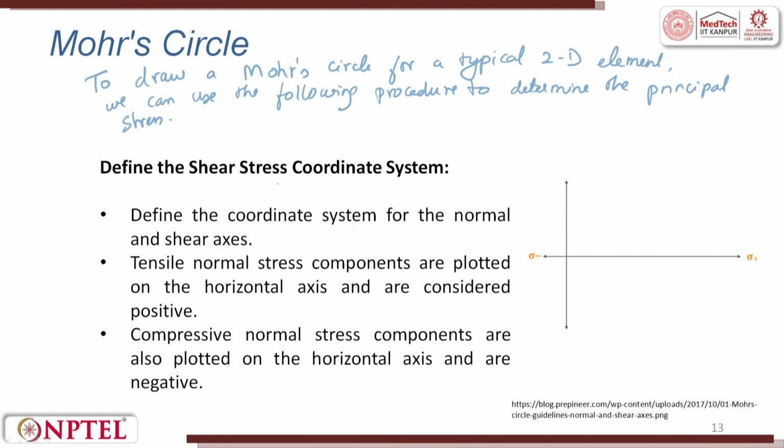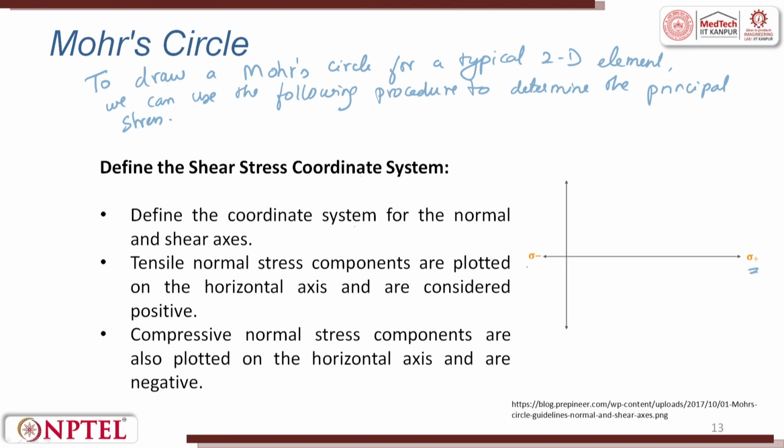So, define the shear stress coordinate system. Define the coordinate system for the normal and the shear stress. So, this is minus sigma x and this is tau. Tensile normal stress components are plotted on the horizontal axis and are considered positive. Compressive normal stress components are also plotted on the horizontal axis and are assumed to be in the negative direction.